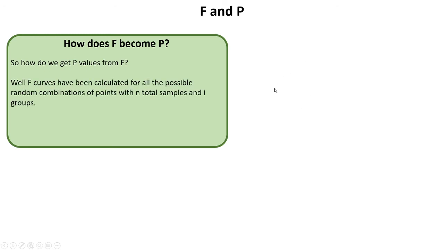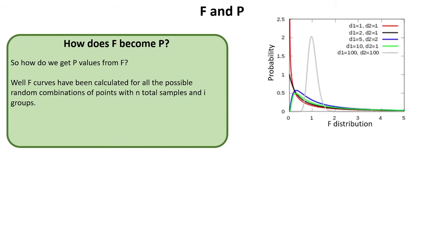So F curves are essentially describing random sets. So if you would have a random combination of points with n total samples and I number of groups, so 10 samples and 10 groups, there would be a specific F curve that you would use for that.